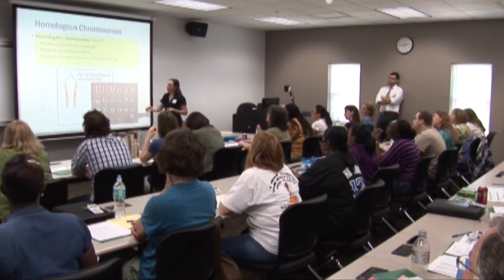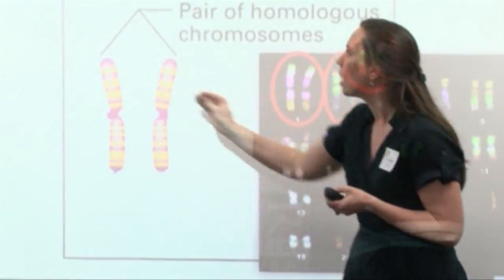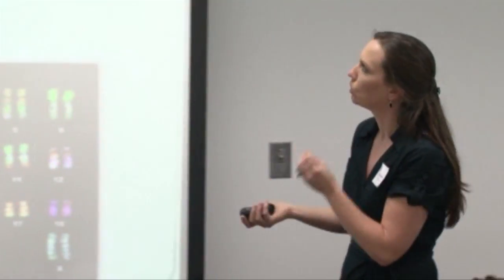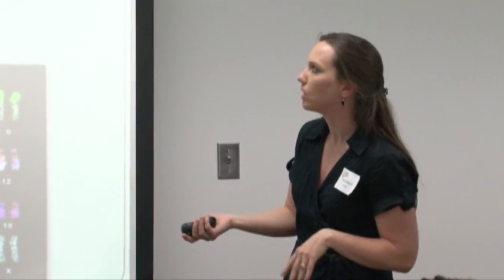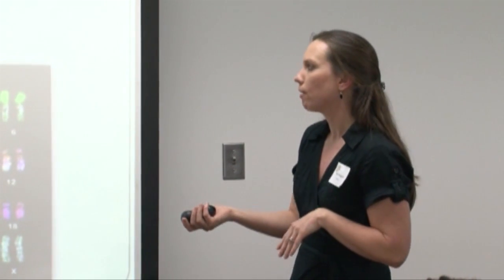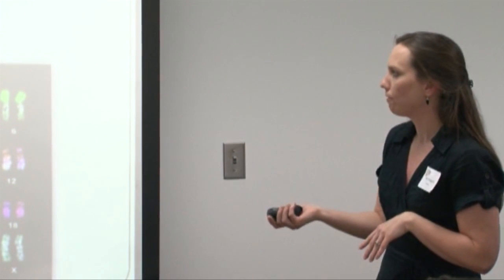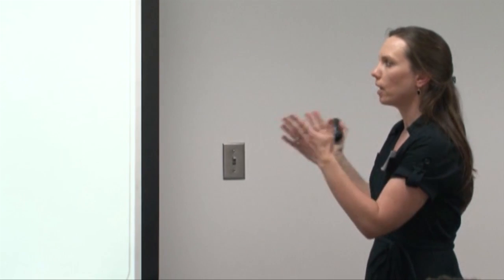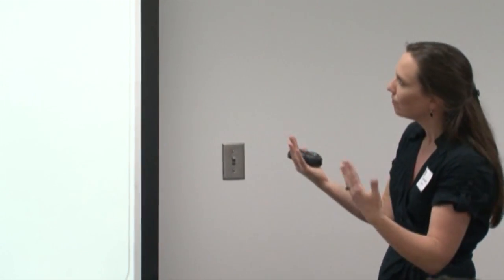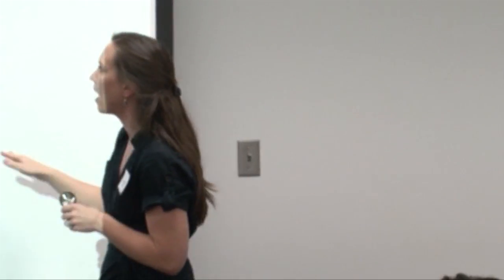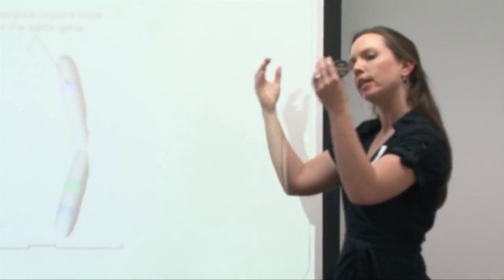So if you're looking at your homologous chromosomes, it consists of these 2 individual sister chromatids attached with a centromere. One of these you get from your mom, and of course one of them you get from your dad. And even though these two chromosomes are each twins in that they carry the same types of genes, so they can code for things like hair color or eye color or height, you can have a different variant of that same gene.